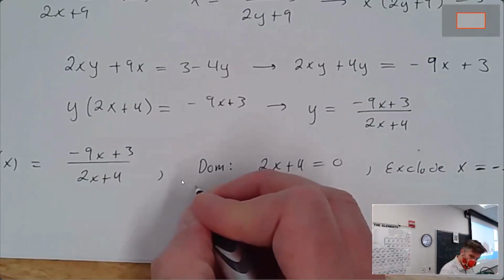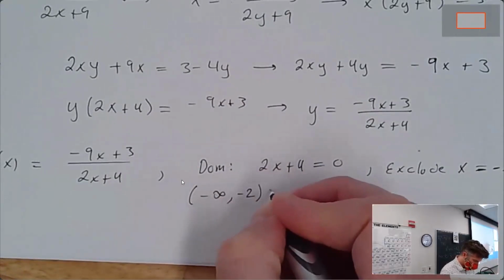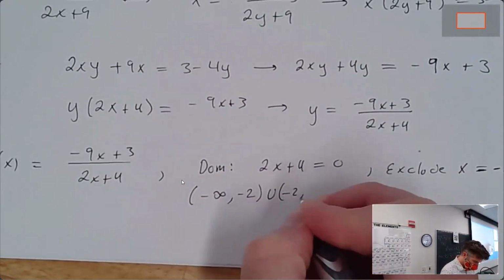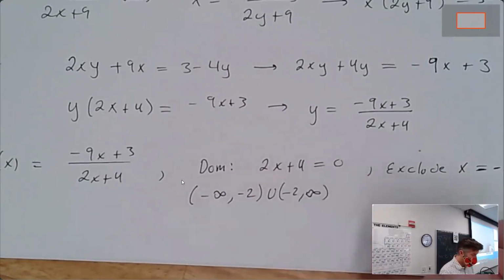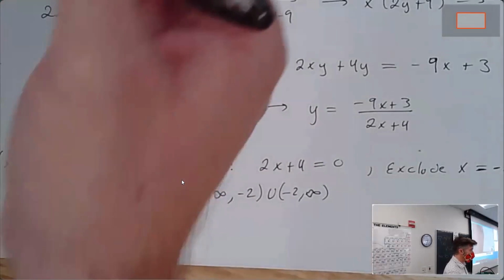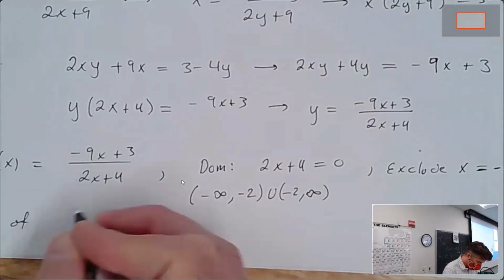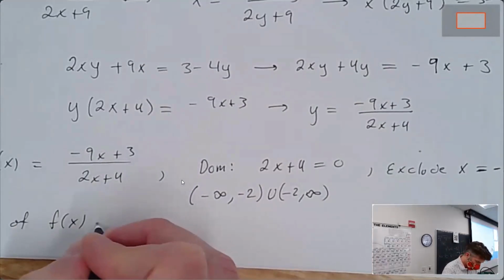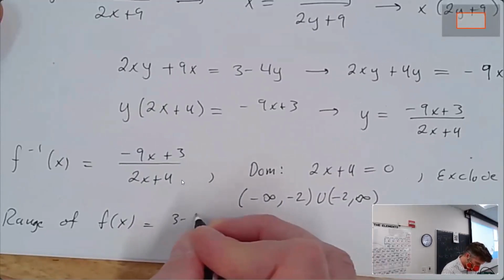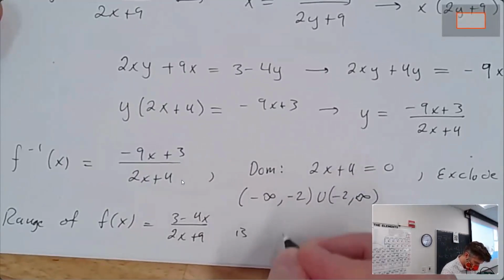So our domain here is everything from negative infinity to negative 2 union negative 2 to infinity, which means that is the range of the original function. So the range of f of x equal to (3 minus 4x) over (2x plus 9) is that same thing.